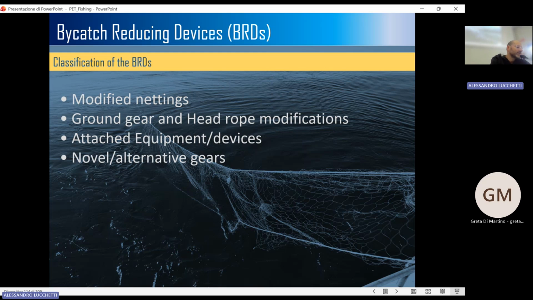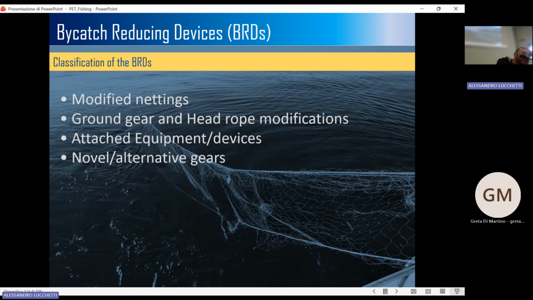Otherwise, another approach is to completely change the gear. Therefore, you modify the meshes, the netting, etc. Or you modify the ground gear and the head rope of the gear, or you can use bycatch reducing devices, a device like the grid that I mentioned before, but I will show you later. Or you can completely change the gear. We can catch these species with another gear.